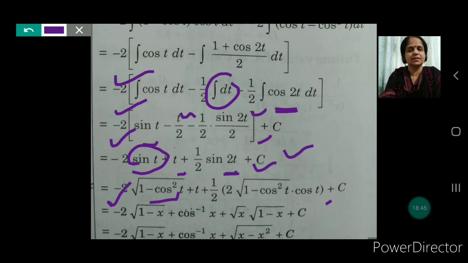Since we have cos t equal to root x, cos square t is x, so you will get under root 1 minus x, then plus, in place of t, cos inverse root x. And here, same, the 2 will cancel, root x in place of cos t, and in the bracket it is under root 1 minus x, into c. So you will get the final answer.